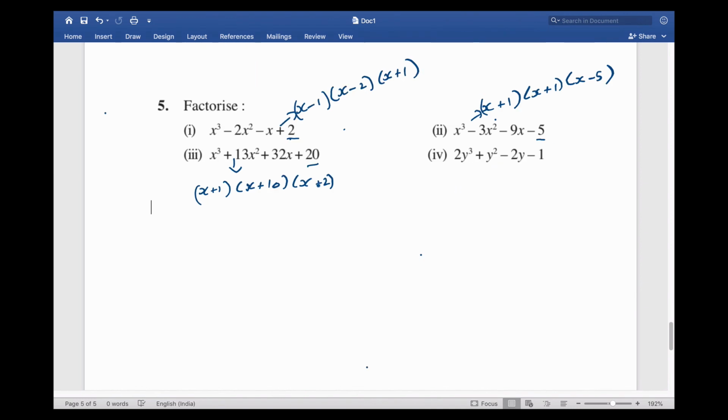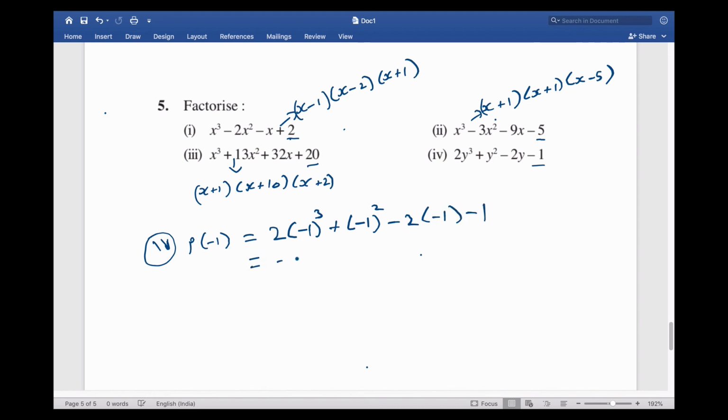So now we are left with the fourth part. Now as it's negative 1, we should first try with P of minus 1. Let's try that. Let's solve the fourth part. So I get P of minus 1 is equal to 2 bracket minus 1 whole cube plus minus 1 whole square minus 2 into minus 1 minus 1.